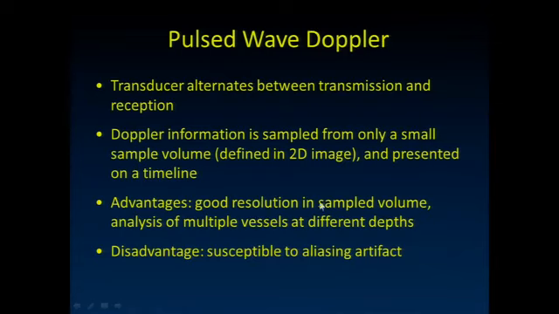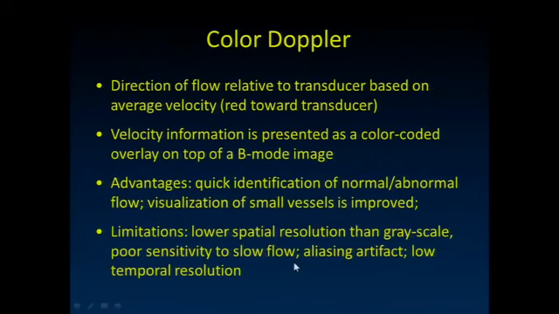I'm sorry, actually, that's in color Doppler. We get some really good resolution in that sampling volume. We get the analysis of multiple vessels at different depths when we do that. It's looking along that single line. And the disadvantage is the susceptibility to aliasing.